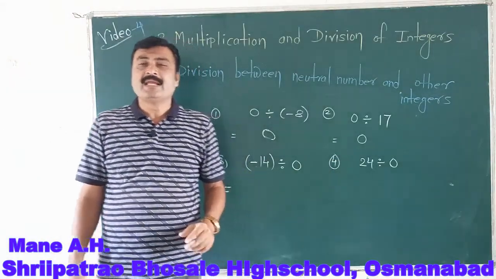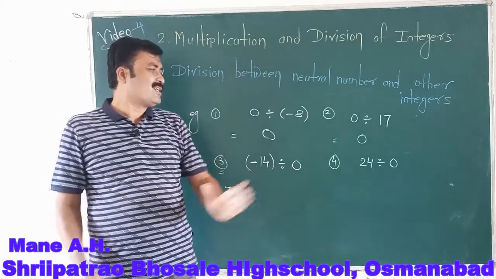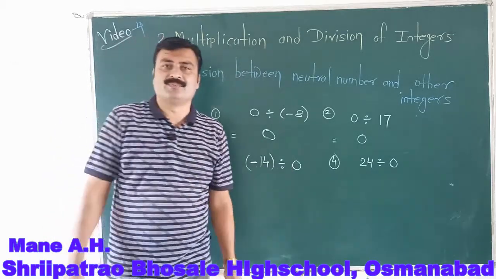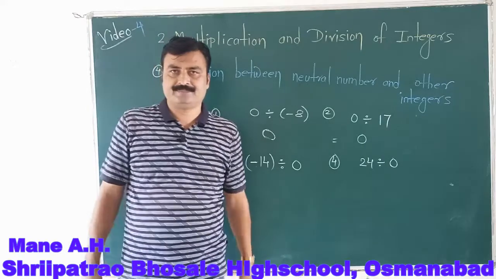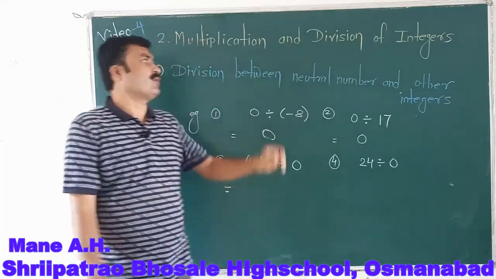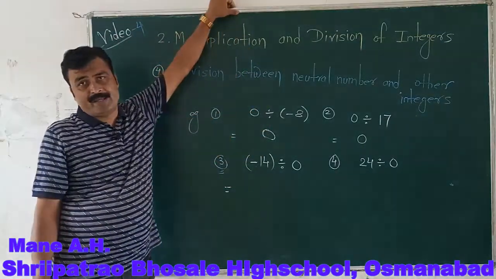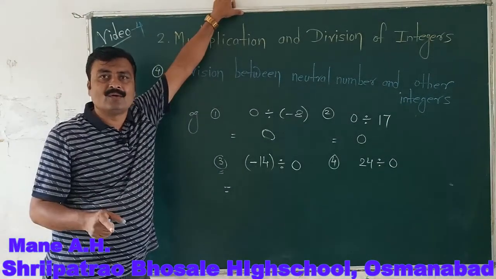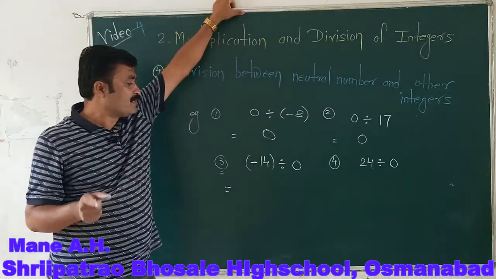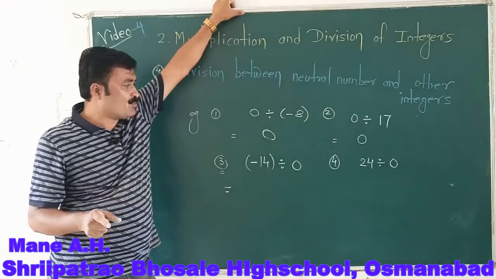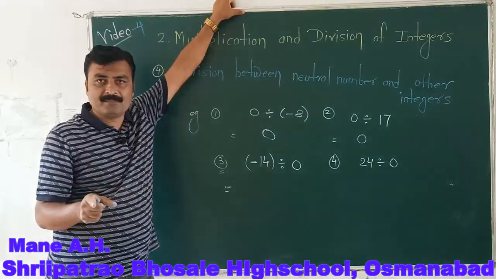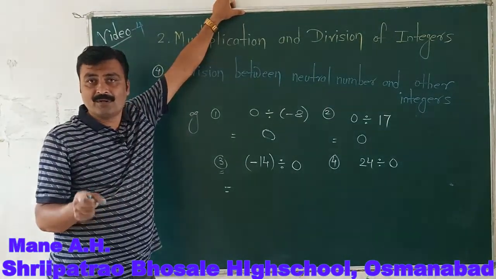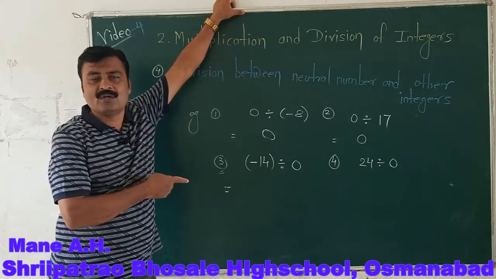Now these two examples are for you. You have to decide. Here I am saying for all students, that you have to decide what is the quotient of these two examples, example number 3 and example number 4, that you presently observe on this green board.